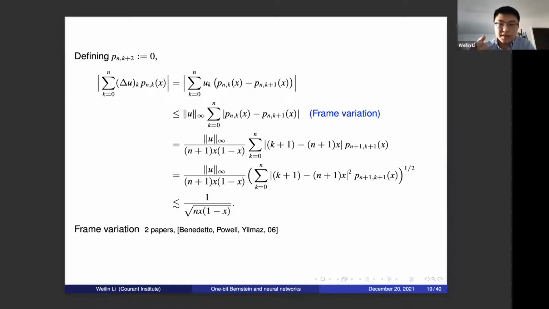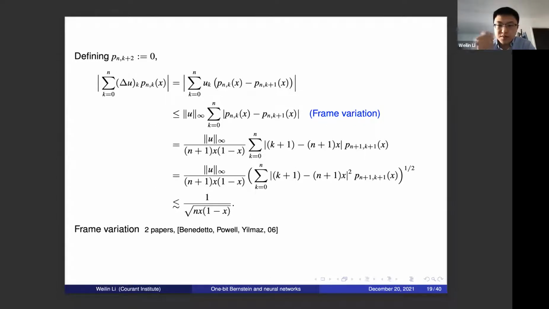I just use the fact that I can bound this sum in terms of the infinity norm of U times this, quote unquote, frame variation term. So a term like this was implicit in earlier works on sigma delta, including work of Daubechies and DeVore. But this term was really coined and exploited by two papers written by John, Alex, and Oscar Yilmaz, both in 2006.